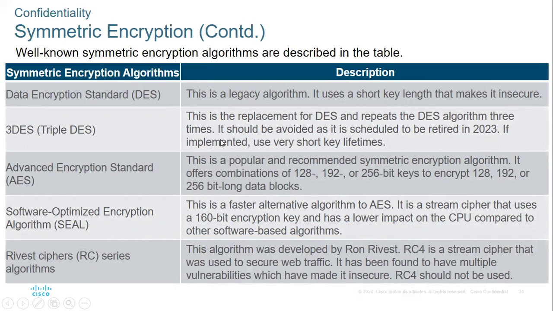So you can see triple DES. I talked about these, AES, where we have got different types, 128 bits, 192 bits, or 256 bits. So these are the sizes of the keys. It is measured in terms of the bits.